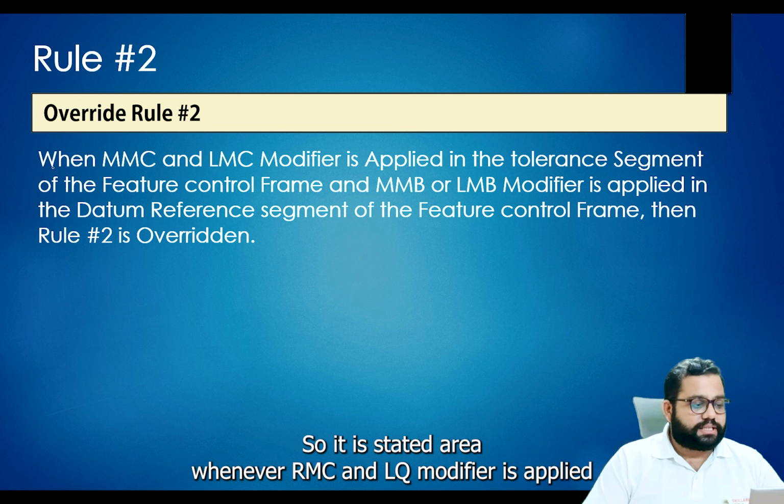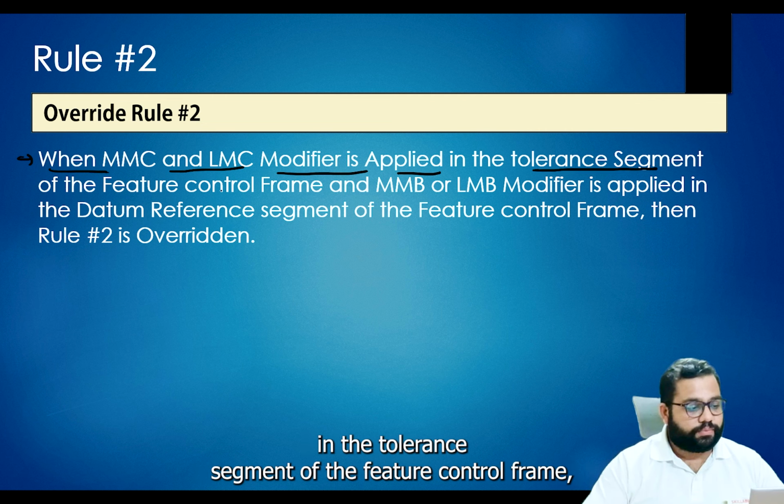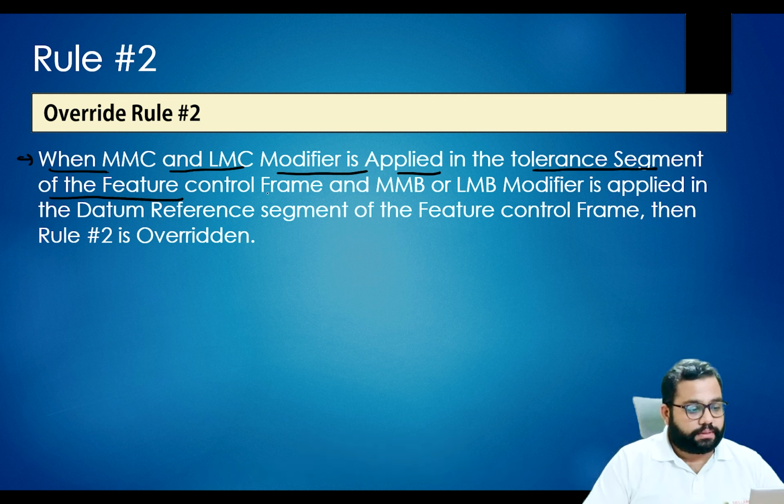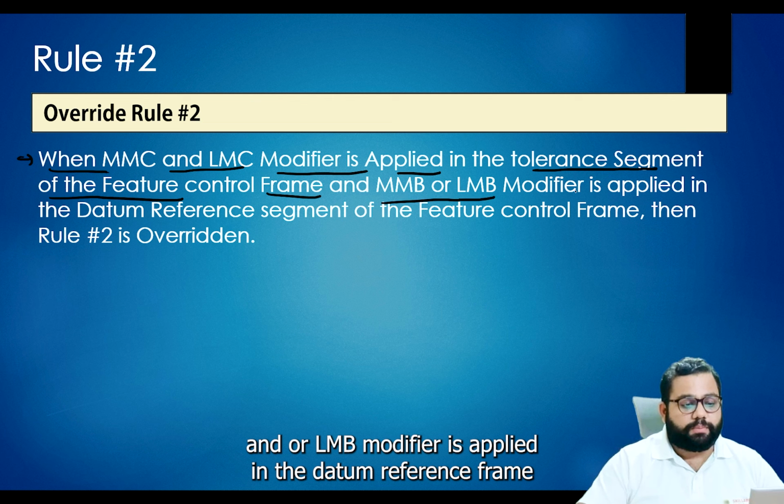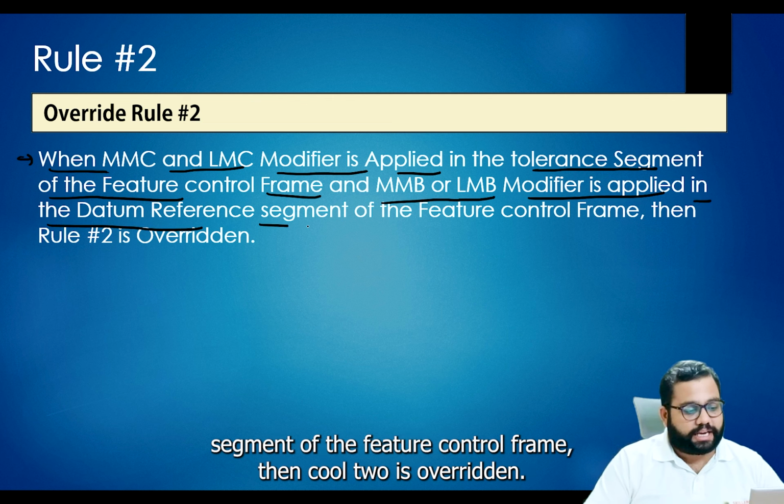Okay. So it is stated that whenever the MMC or LMC modifier is applied in the tolerance segment of the feature control frame and the MMB or LMB modifier is applied in the datum reference frame segment of the feature control frame, then rule 2 is overridden.